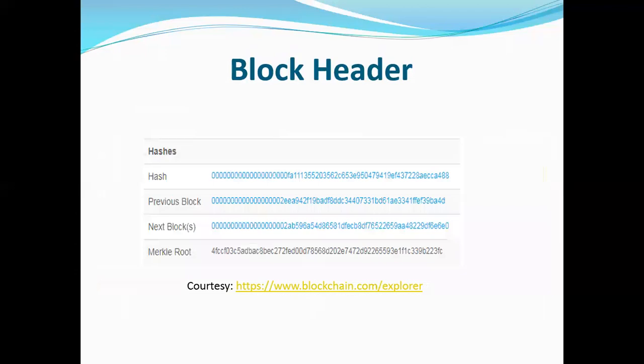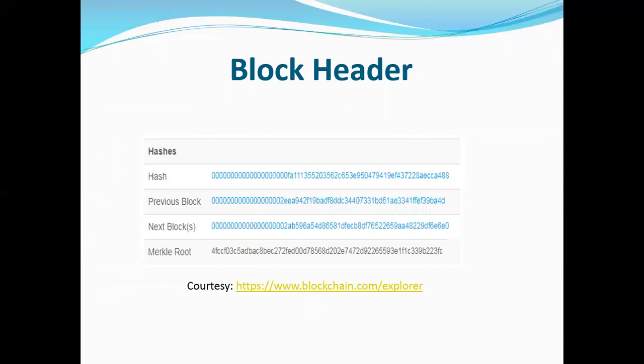The block header also contains some hashes. First is the hash value of the current block. Second is the hash value of the previous block, and if there is any next block, this will be the hash value. The last one is the value of Merkle root. Now, if you are making any change in a transaction, the Merkle root gets changed.